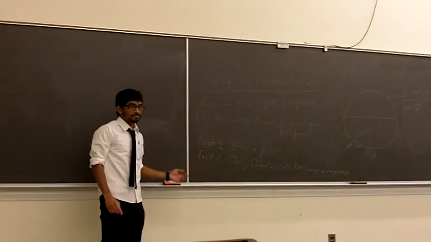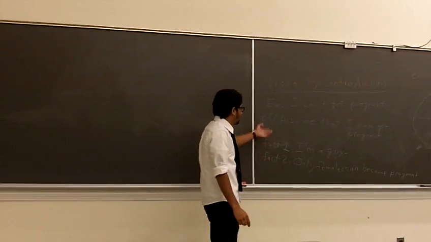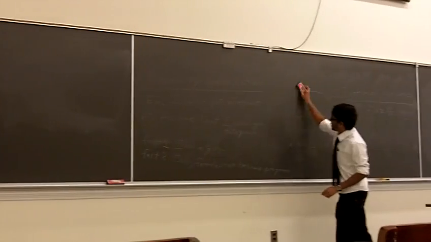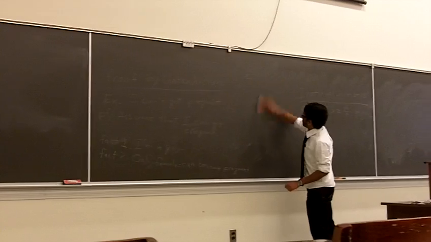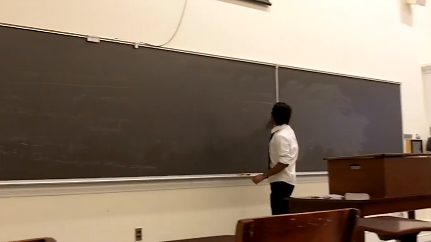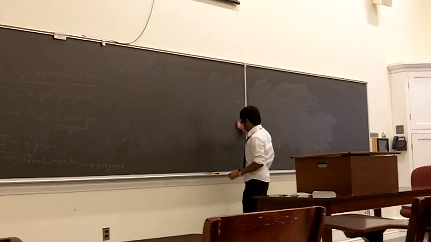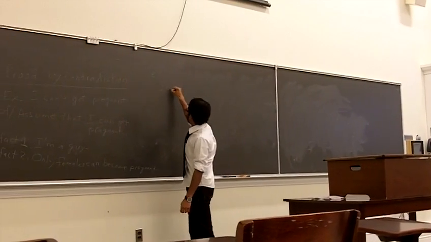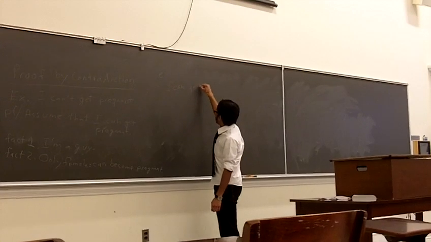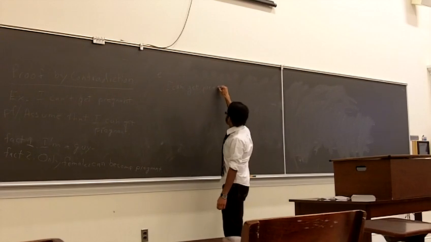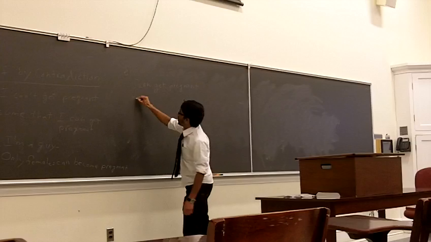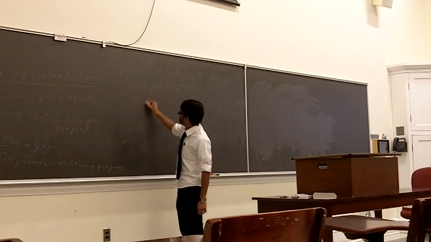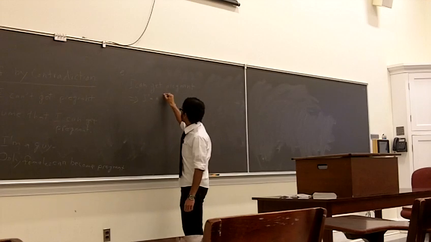So we use fact 2. Assume that I can get pregnant. Only females can get pregnant. So let's write that down. I can get pregnant implies, so that's an implication symbol, I can get pregnant implies that I'm a female.